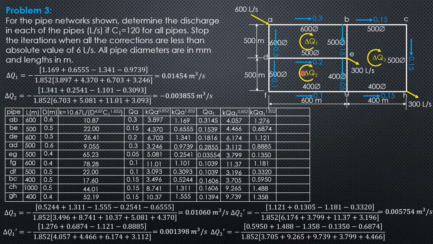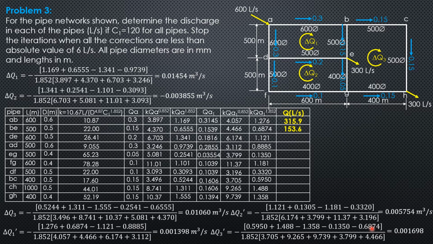Delta Q2 prime is equal to negative of the quantity DE 1.121 positive plus EG 0.135 positive minus FG 1.181 minus DF 0.332, divided by 1.852 times the quantity DE 6.174, EG 3.799, then FG 11.37, DF 3.196.